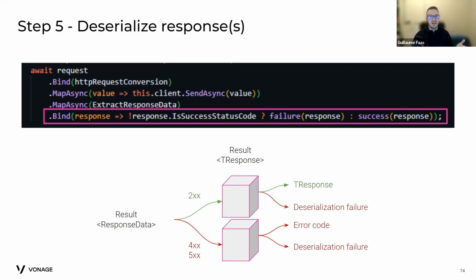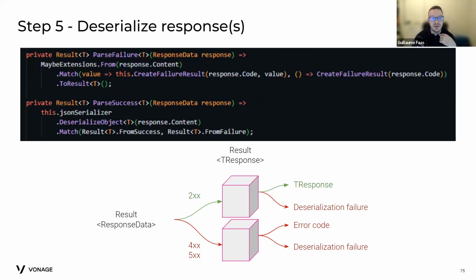So I need to tell on my success path whether we received a success or a failure from the API, and after that, deal with the deserialization of each scenario. So success and failure gave me 2 paths, and for each path I have 2 because I need to deserialize, and it can fail as well because something changed on the API, or my model is not up to date, or whatever. So I end up with 4, 1 success, 3 failures.